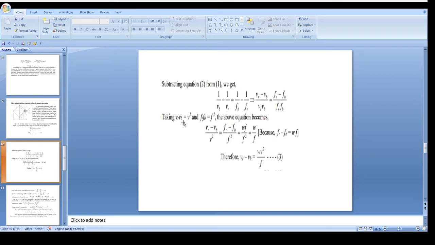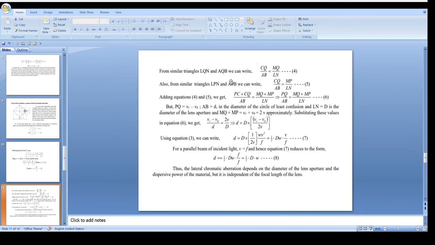VR VB equals V square and FR FB equals F square. The above equation becomes VR minus VB divided by V square equals FR minus FB divided by F square equals omega F divided by F square, which is omega divided by F, because FR minus FB equals omega F. So VR minus VB equals omega V square divided by F. This is the third equation.